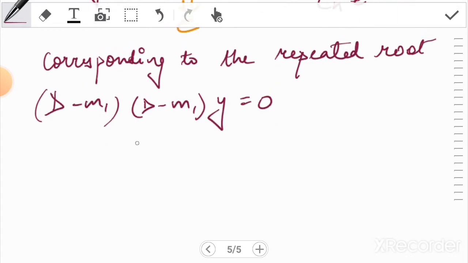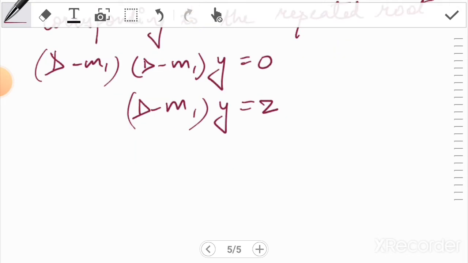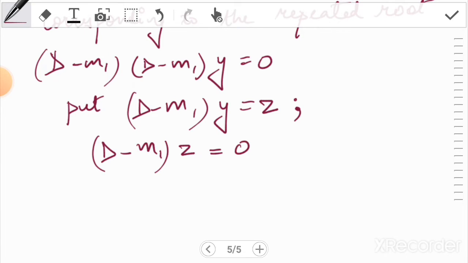So putting (D minus m1)y as z, then (D minus m1)z is equal to 0, or dz by dx minus m1 z is equal to 0.